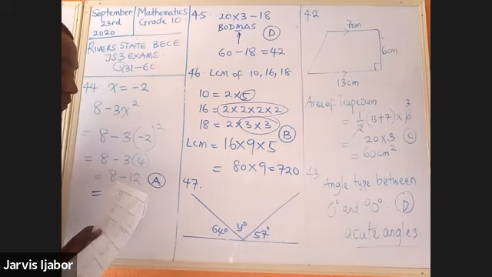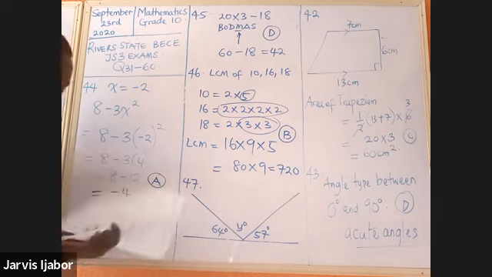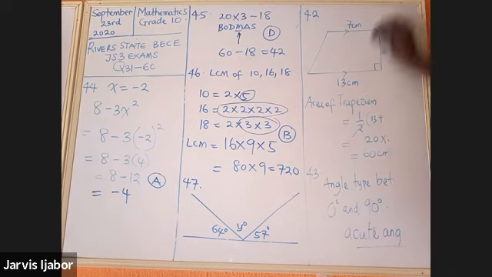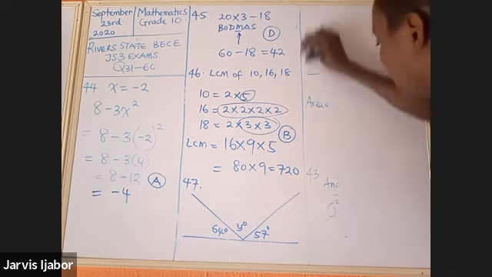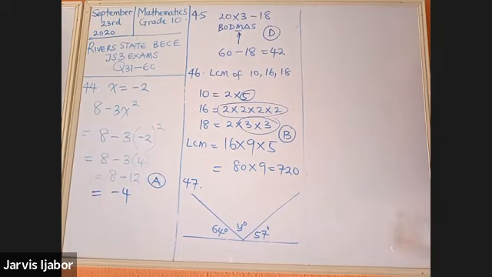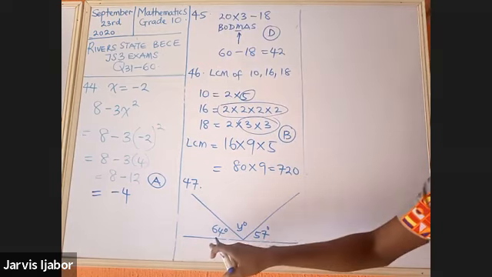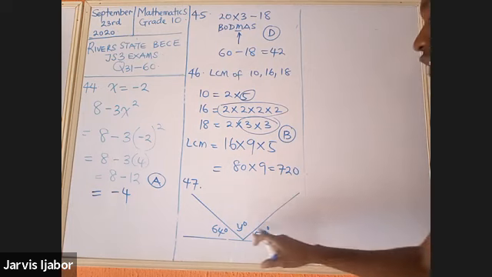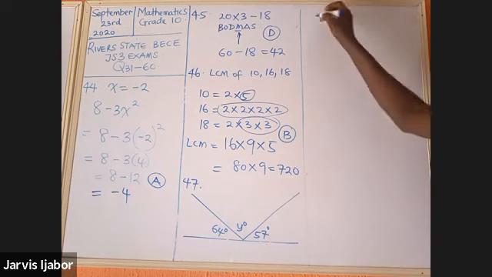So what then is y? From our knowledge of formal geometry, the sum of angles on a straight line is 180.